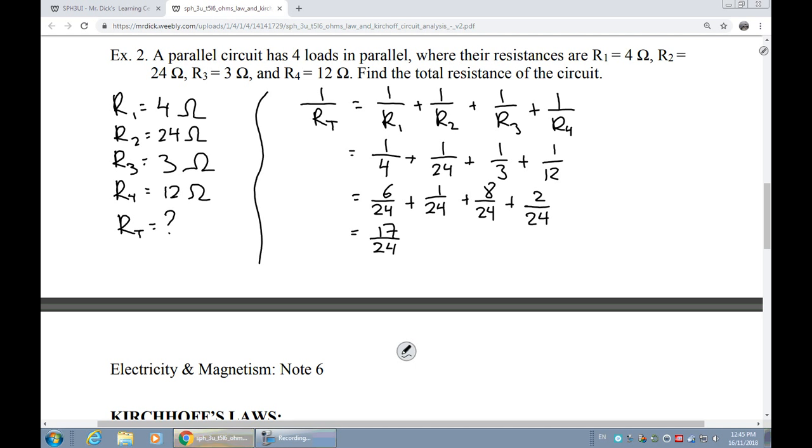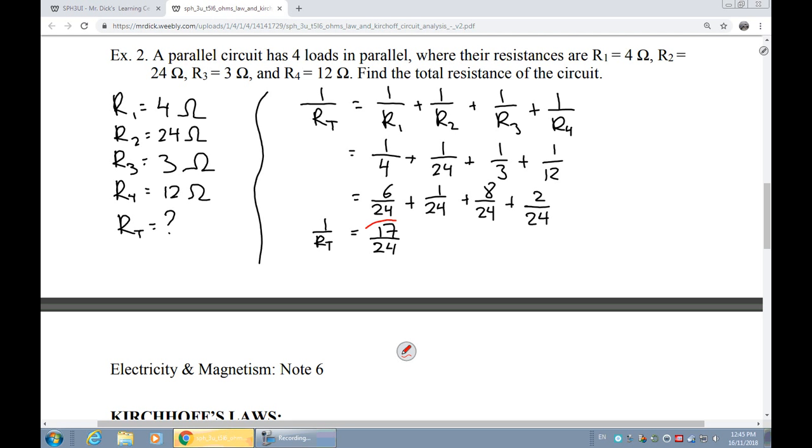But that's not the total resistance, remember. What we've actually found is the reciprocal of the total resistance. So in order to actually find the total resistance, we just take the reciprocal of the answer that we got.